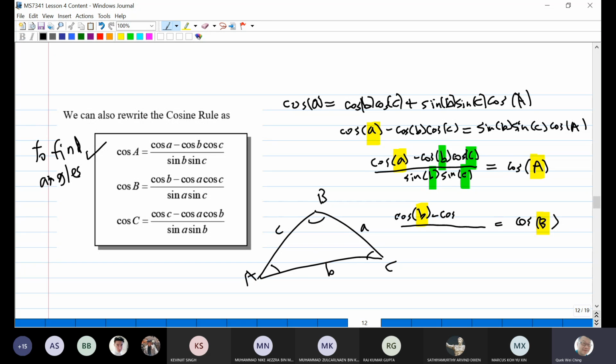So this is cosine A, cosine C, then sine A, sine C. So this gives you the other two, A and C. This is how you use it to solve for the angle you want, using this method. Maybe I will WhatsApp this to you to help you remember.